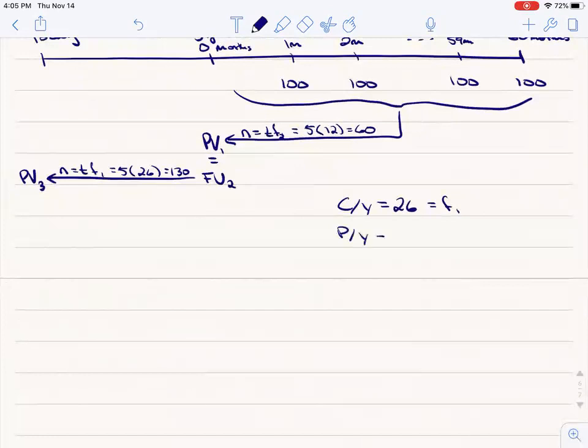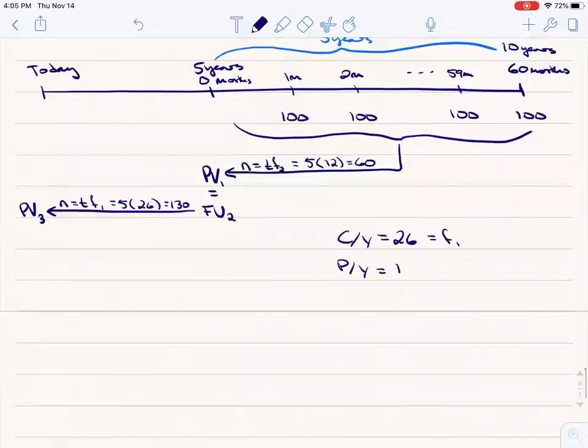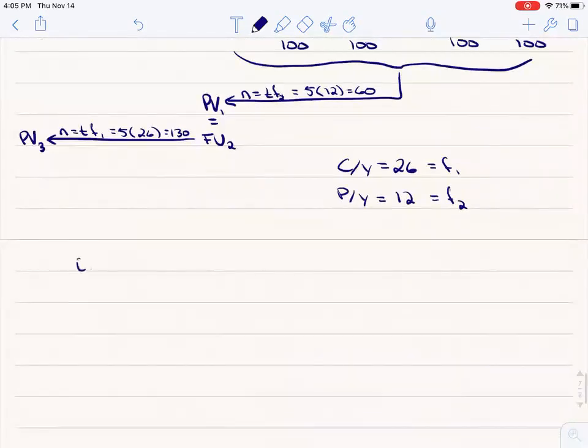And then the payments per year were per month, 12, which is your F2. I1 is R1 over F1.